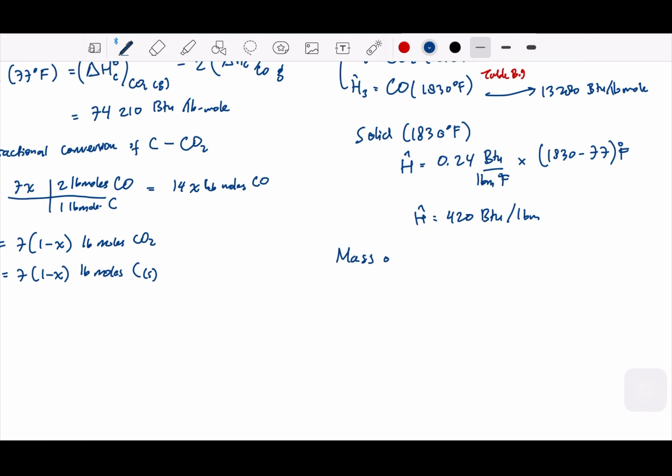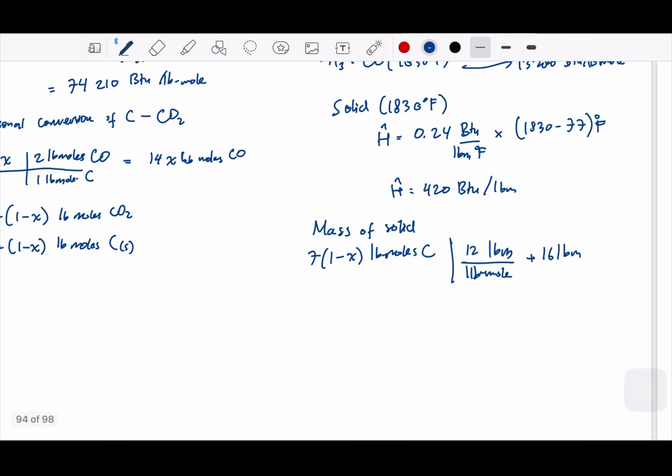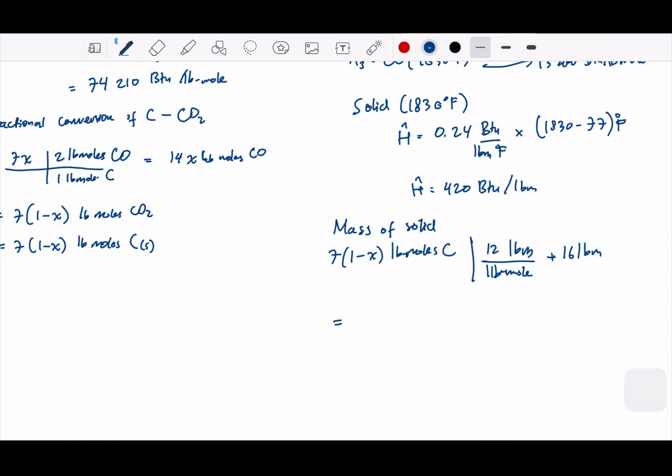The mass of solid, we are using 7(1 minus x) lb moles C, multiplied with 12 lbm per lb mole, plus 16 lbm. And this will be 100 minus 84x lbm.